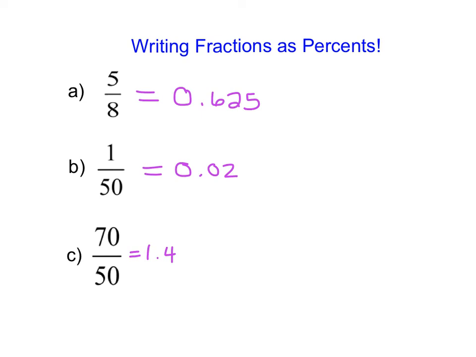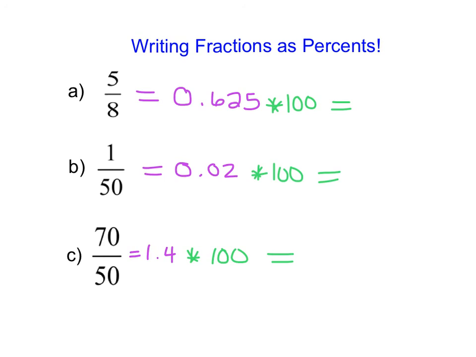The easiest way to turn them back into percents is to take this decimal form and just multiply it by 100, because percents are based off of 100%. If you take your decimal form and multiply it by 100, you will get the percent form of that particular number.